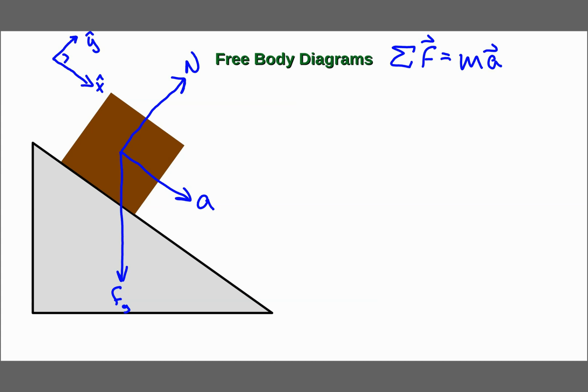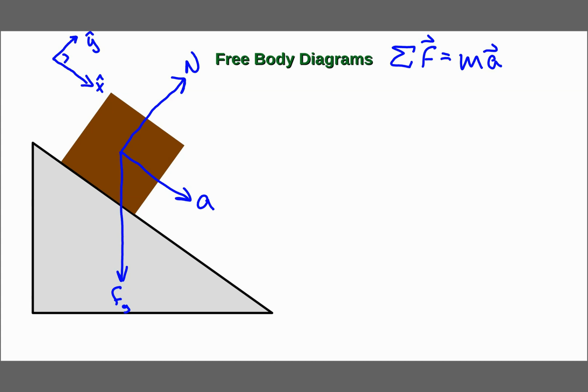And by definition, if I make x run along the direction of the surface, the normal force is by definition perpendicular to the surface. So the normal force by definition points in the y direction, so now I don't have to break that one down either. It's pointing straight in the y direction.